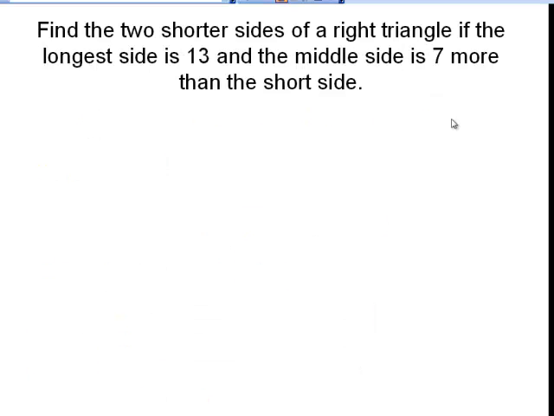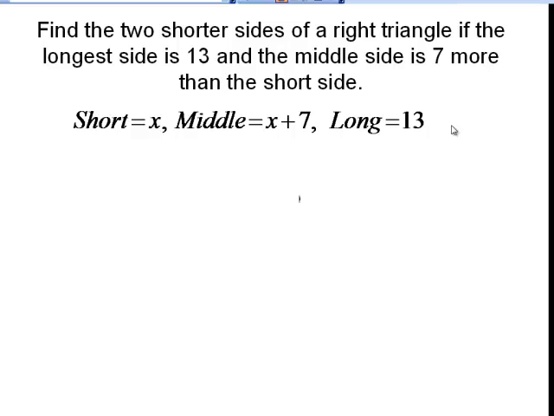Okay, find the two short sides of a right triangle. The longest side is 13 and the middle side is 7 more than the shortest side. So basically, your shortest side we don't know is x. The middle is 7 more. The longest is 13. It's a right triangle, so the short squared plus the middle squared has to equal the longest squared.